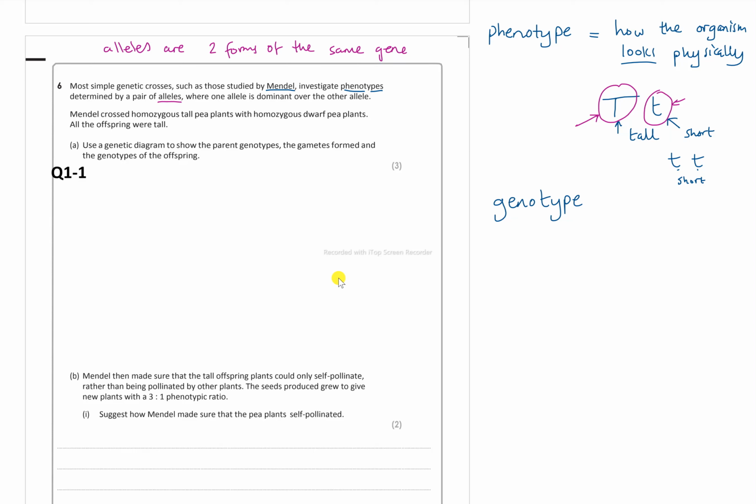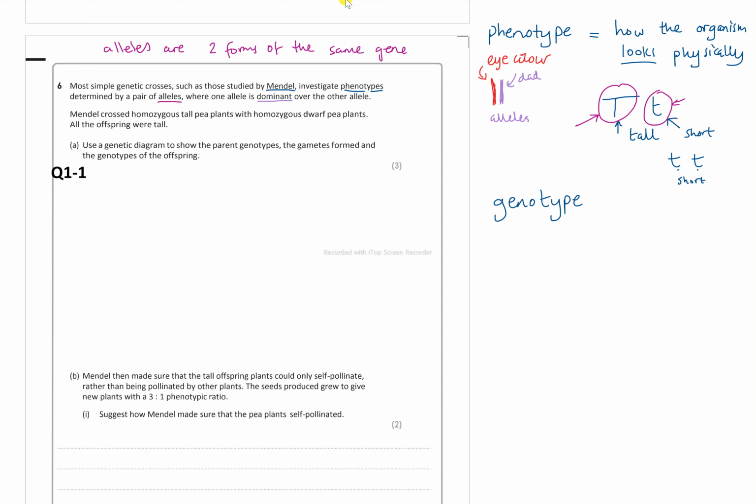So for example, you could have a gene here that codes for eye color, and that's from mum. And you've got a gene that codes for eye color, but that one is from dad. These two are alleles because they are genes that code for the same thing. Right.